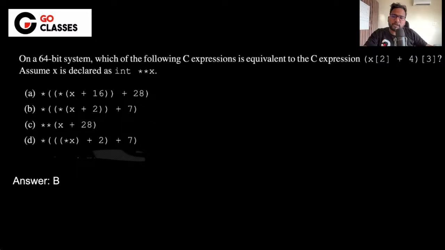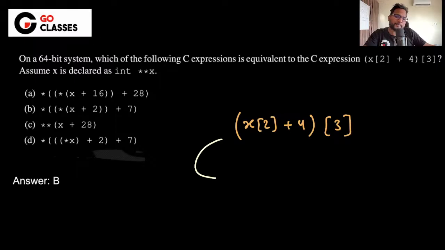Now, about what they are saying: if you're writing x2 plus 4, and then 3, then what will be the equivalent expression? This x2 is nothing but x plus 2 whole star, x plus 2 star, right? And then you are having plus 4, and then this is 3.